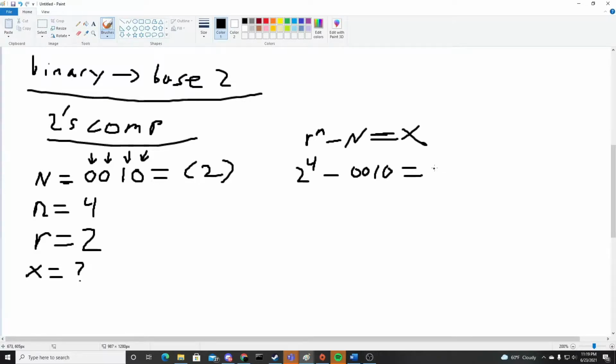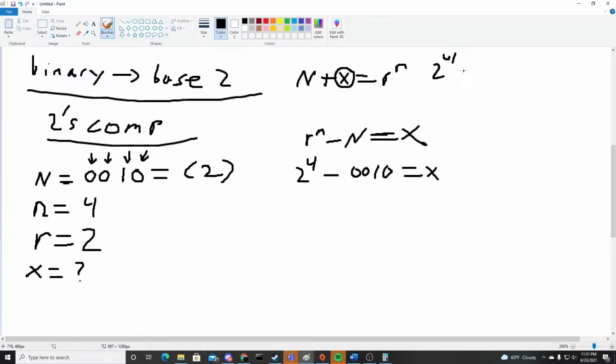Since our binary number has 4 digits, if we think about the original equation we wrote out, where we have N plus x equals r to the lowercase n, what we're really trying to do is find a number x such that adding capital N to it will equal r to the n.